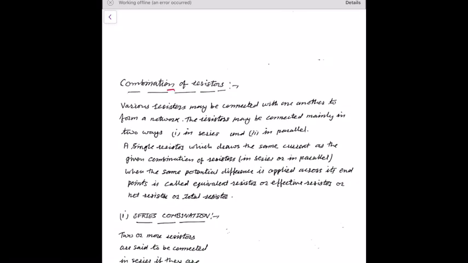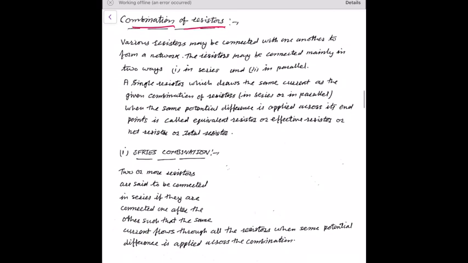Next is combination of resistors. Various resistors may be connected with one another to form a network. The resistors may be connected mainly in two ways: first in series, second in parallel.